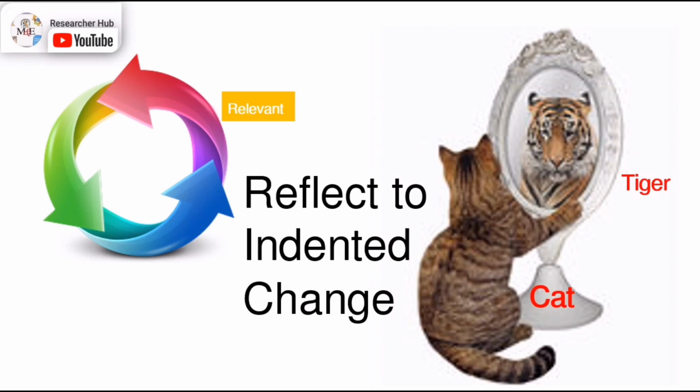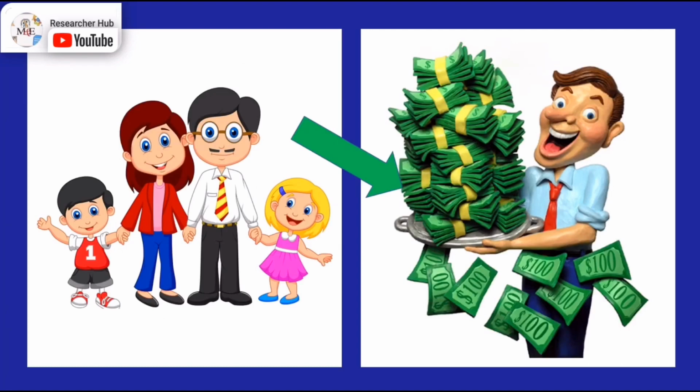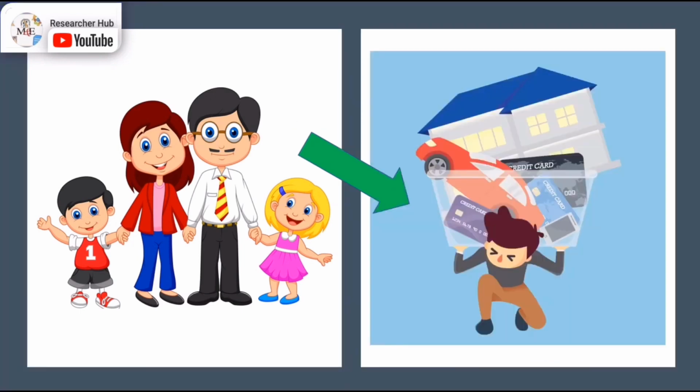Another example: if the project would like to see improved family well-being, what would be a good indicator or a good reflection of this? It must be the family's income, right? So family's income is one good indicator to measure the family's well-being improvement. Another indicator is the decrease of debt that we discussed earlier.